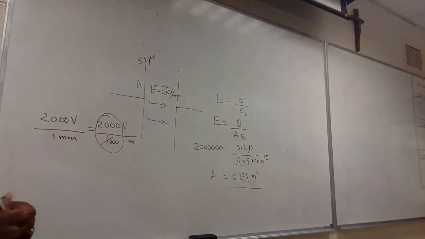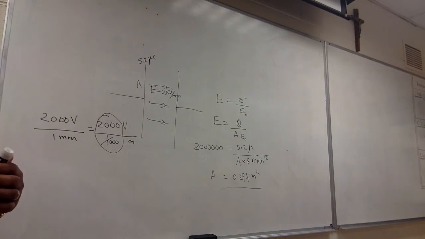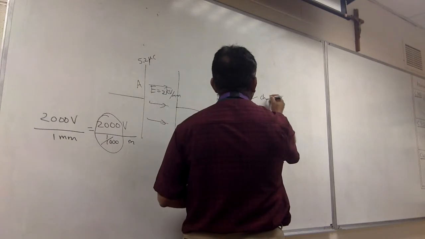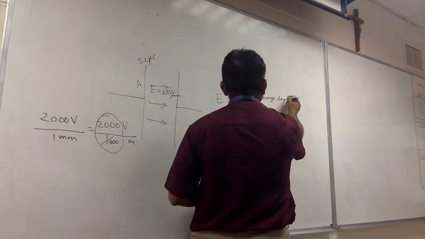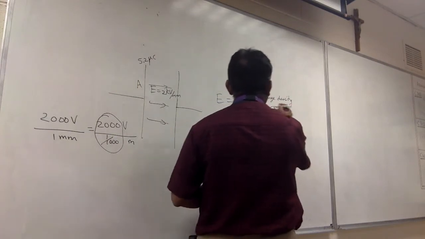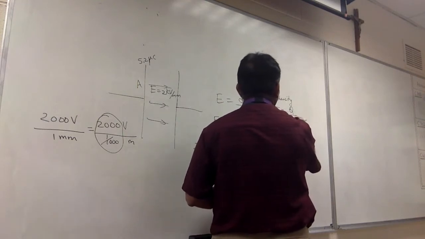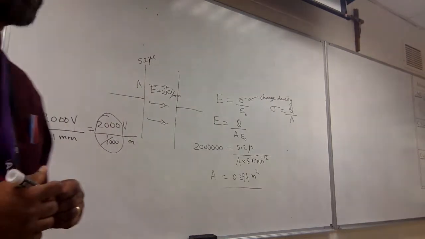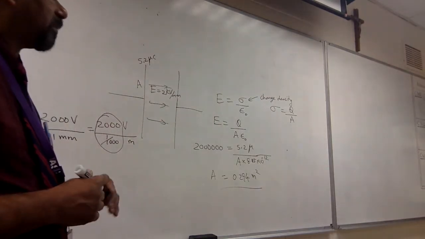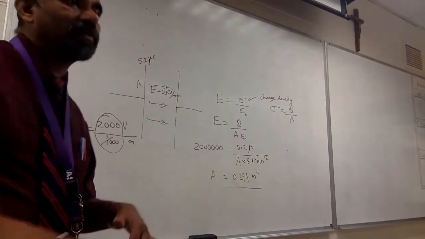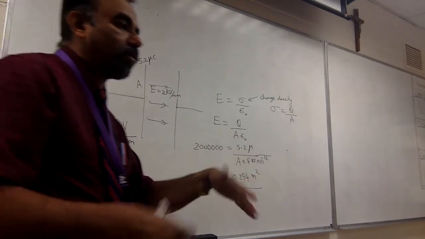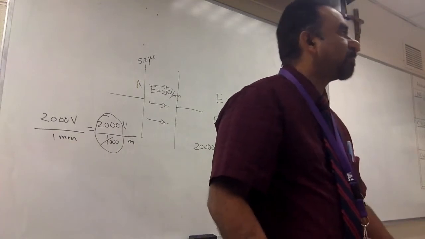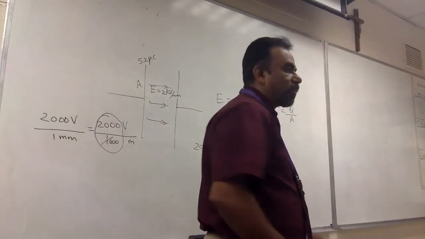Can you repeat what the top variable is called above epsilon? This is called the charge density. Sigma is the charge density, which is how much charge there is per surface area A. If there is a charge sitting on this table, the charge density is the charge divided by the total area of the table. Divided by epsilon naught, that tells you how much field is coming out of the table.